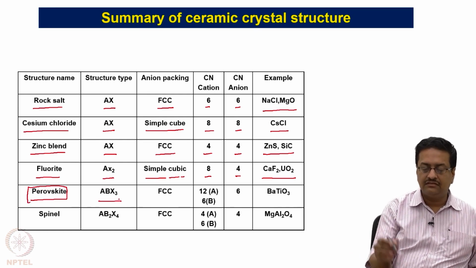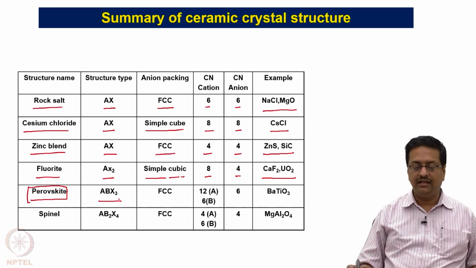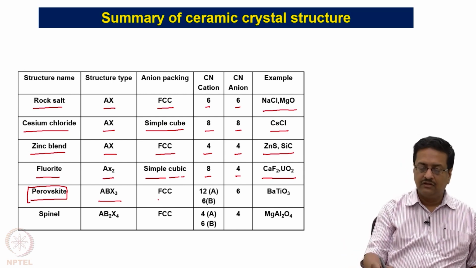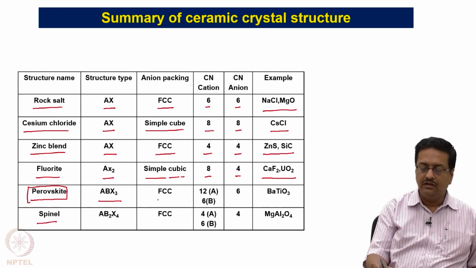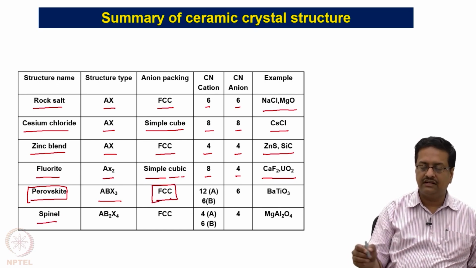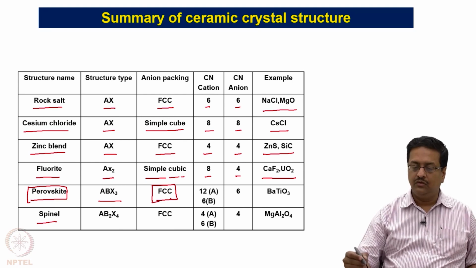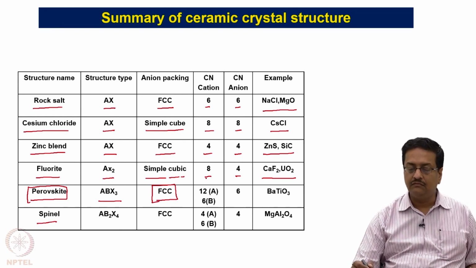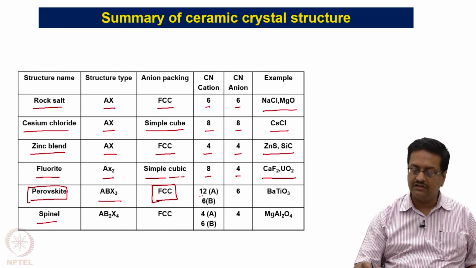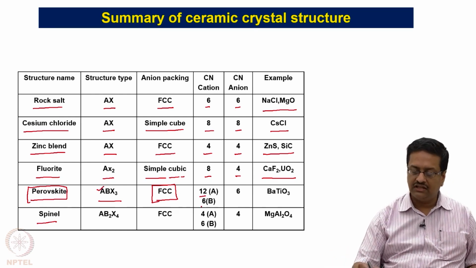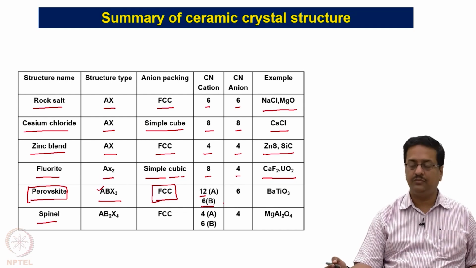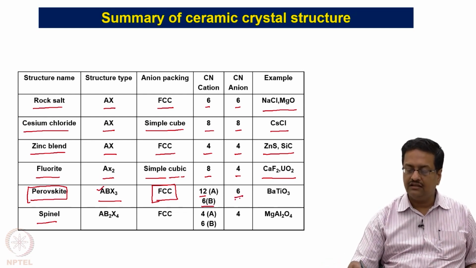The formula is ABX3. We have two types of cations just like spinels. It occupies a face-centered cubic system where the coordination number is 12 for the cation A and coordination number 6 is for cation B, and the anion is always 6 coordinated.